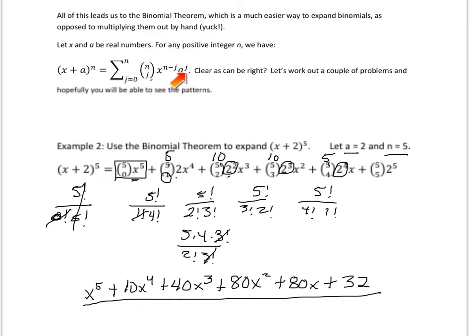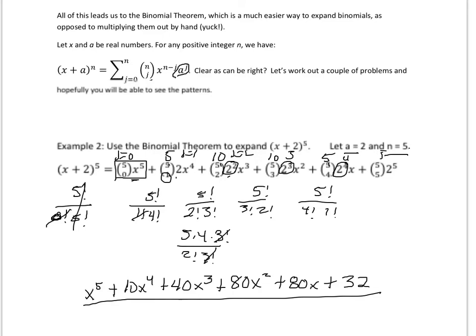Particularly from this A to the J. Because in this case, A is 2. So if A is 2, then I have A to the J power. So we always start with, this is where J is 0. This is where J is 1. This one J is 2. J is 3. J is 4. And J is 5. That's how J goes.